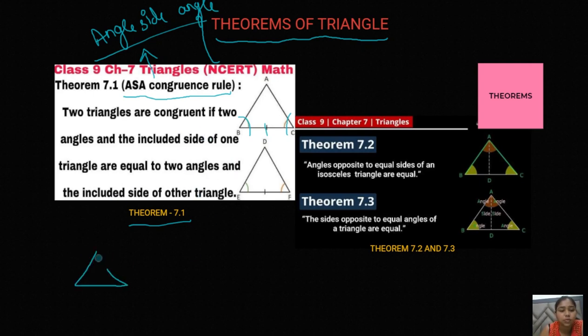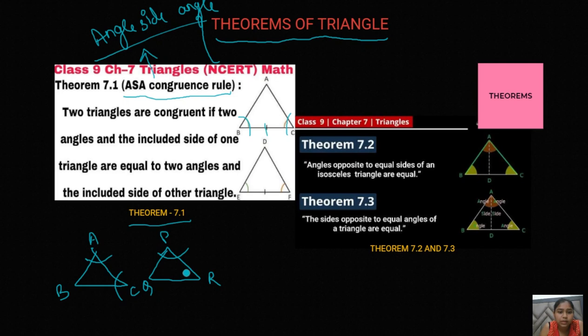Let's suppose there are two triangles. Let the first triangle be ABC and the second triangle be PQR. Let's suppose angle A is equal to angle P. So after considering that particular angle, we have to take another angle.